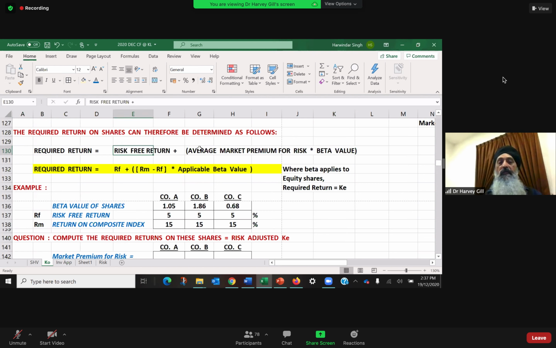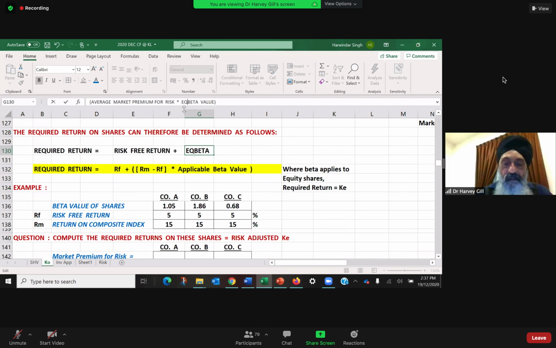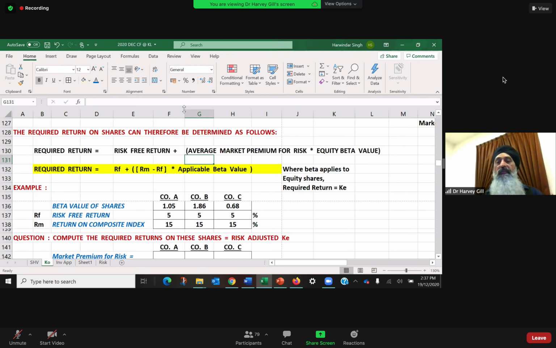So beta on the equity shares, yeah? Equity beta value. So required return in terms of formula, if you like, is RF plus (RM minus RF), that is the market premium for risk I told you just now, multiplied by beta value.